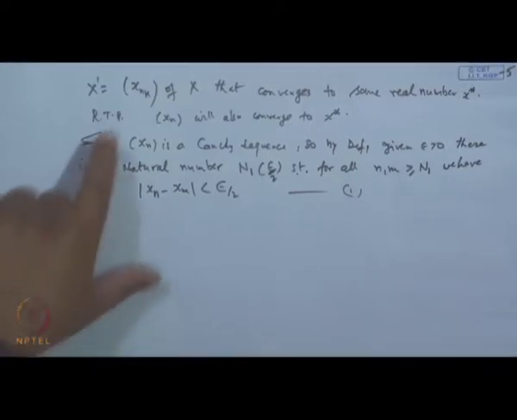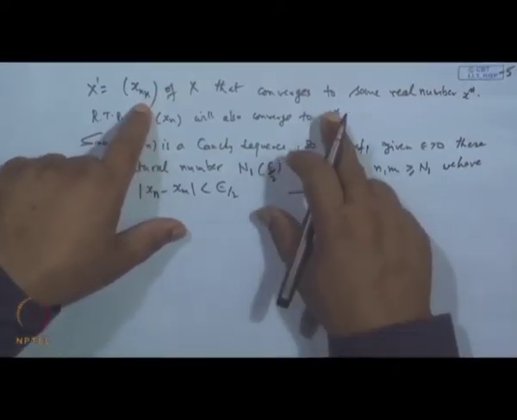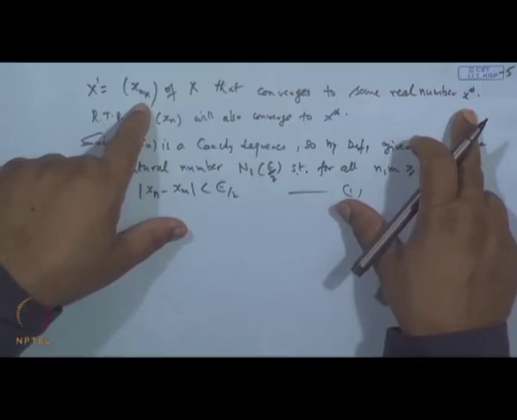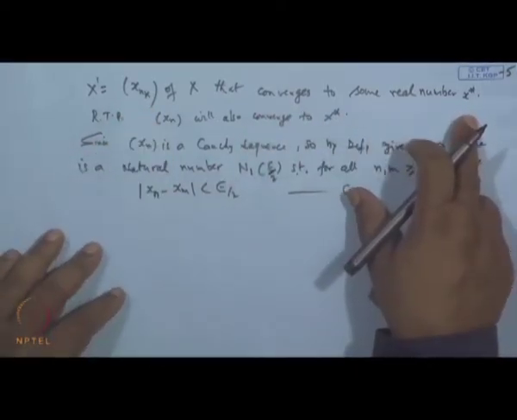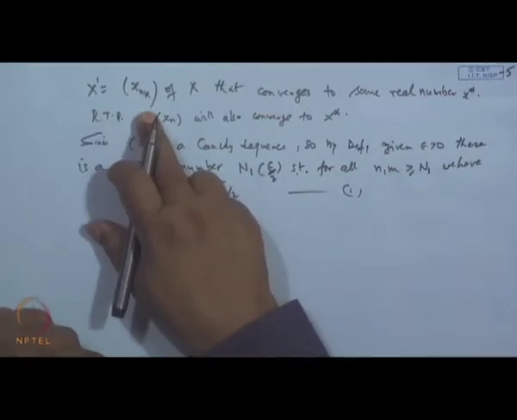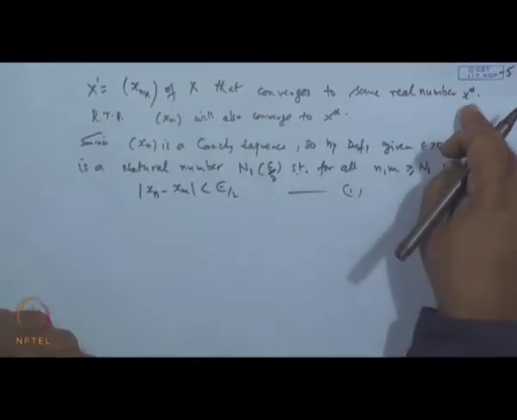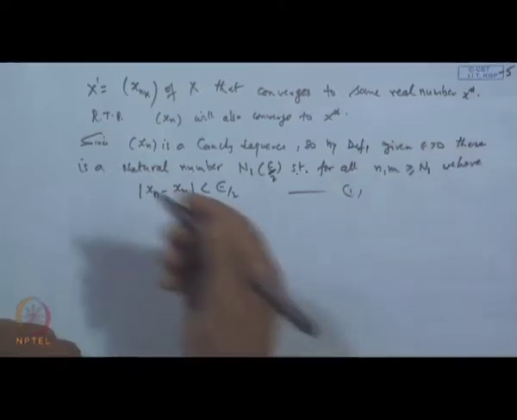Now, the subsequence x_{n_k} is a convergent subsequence, converging to x star. So, we again apply the definition of a convergent sequence which has limit x star. It means the limit of x_{n_k} when k tends to infinity is nothing but x star.